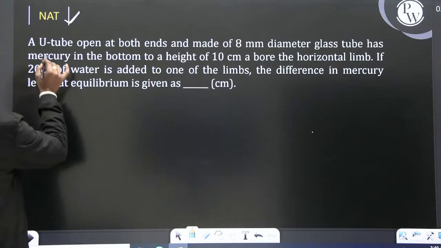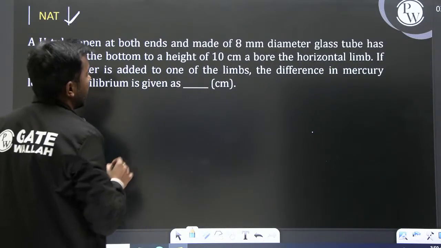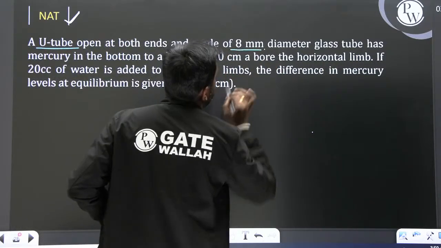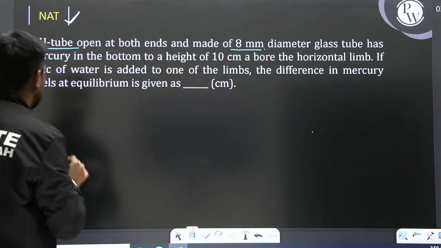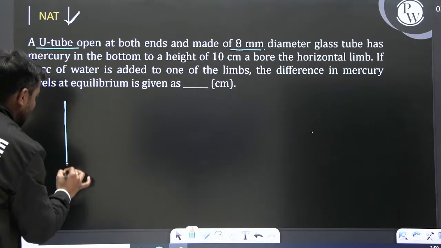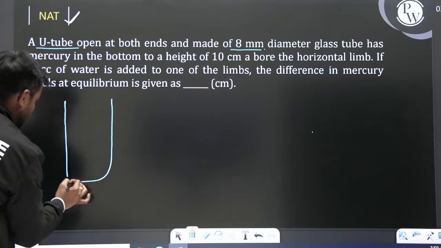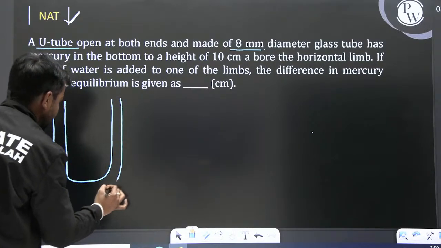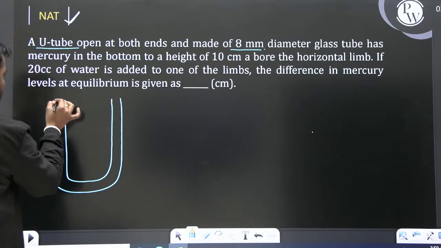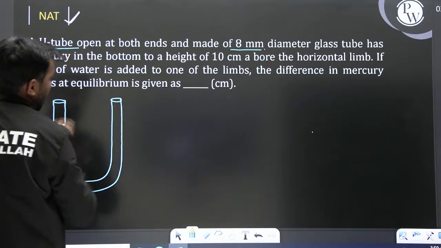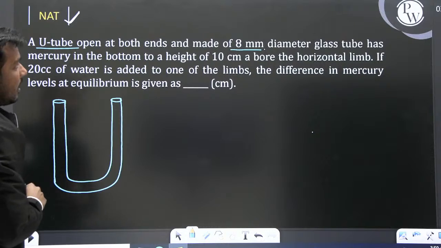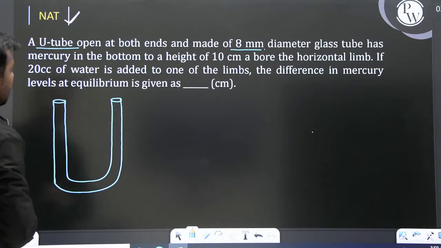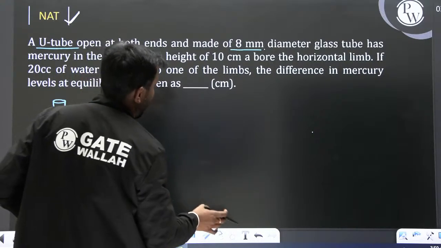In the question, they are saying that a U-tube open at both ends is made of 8 mm diameter glass. Okay, good. So there is a U-tube manometer which is open at both ends.